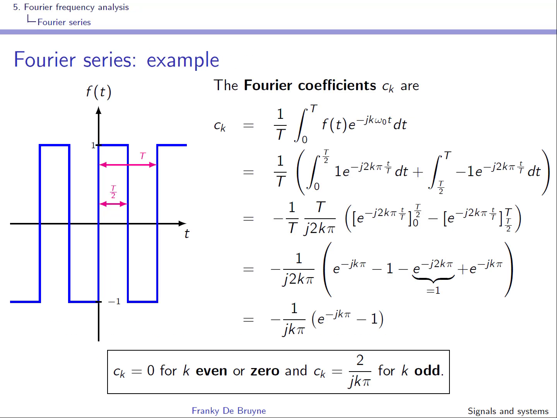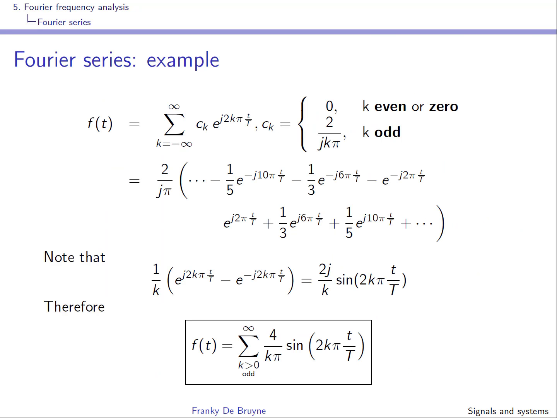This is not a surprise because this is a function that is odd. If you decompose it in a Fourier series, you expect a sum of functions that are odd as well.